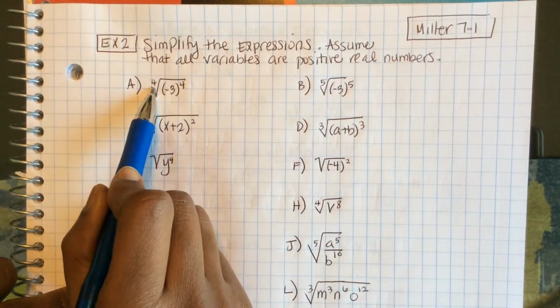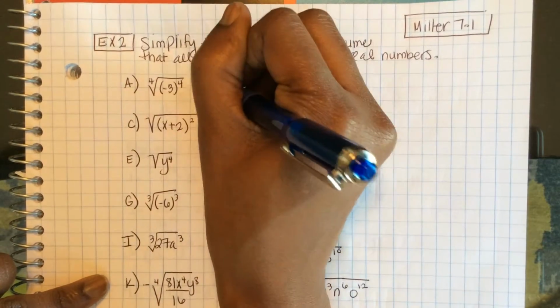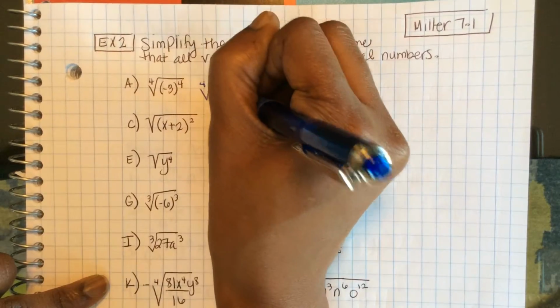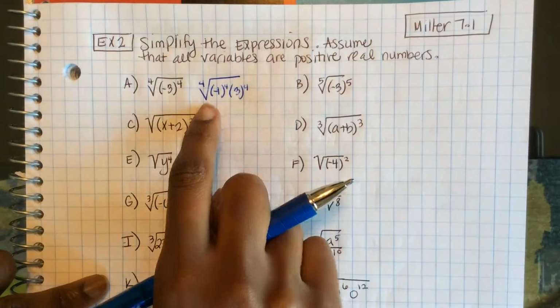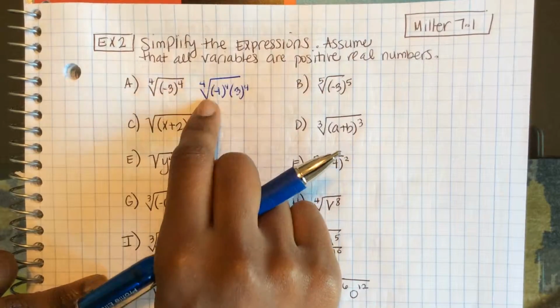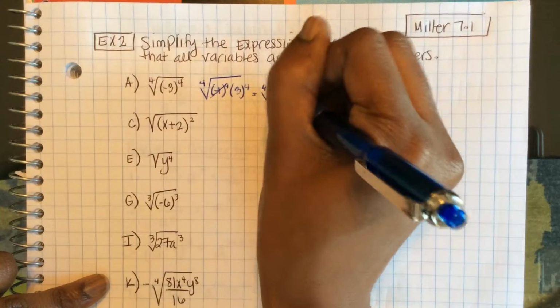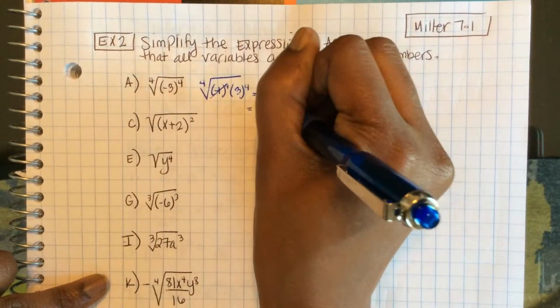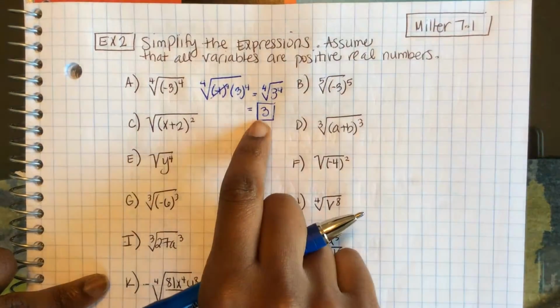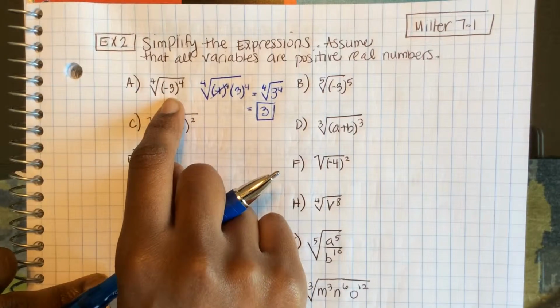But since I have an even power, I could break this down to be the fourth root of negative 1 to the fourth times 3 to the fourth. Now keep in mind, negative 1 to the fourth cancels and just becomes 1. So this is the fourth root of 3 to the fourth, which is 3. A positive number, not that original negative 3.